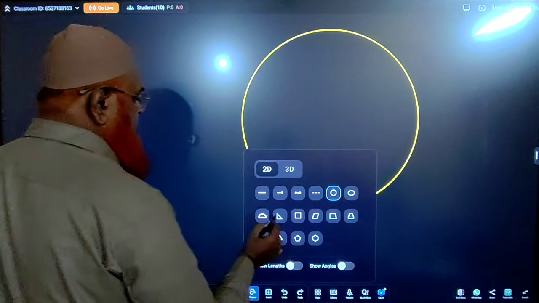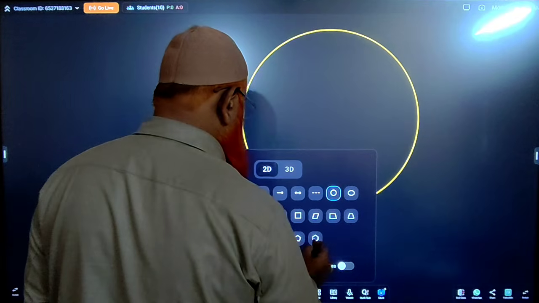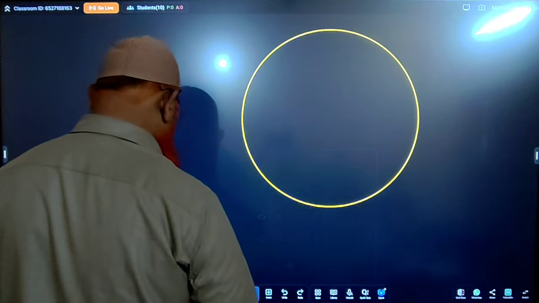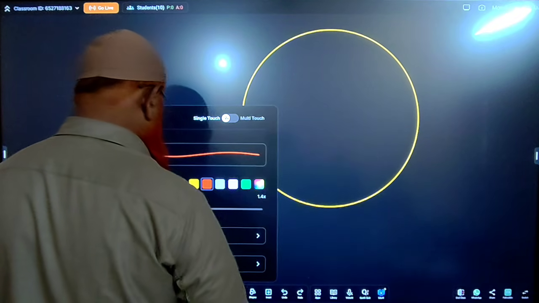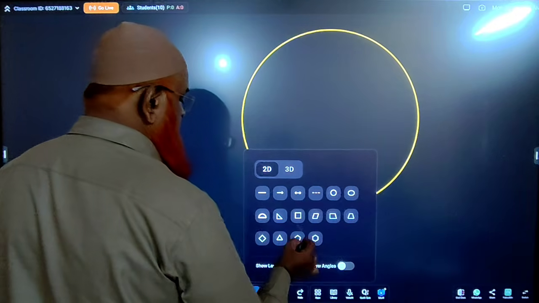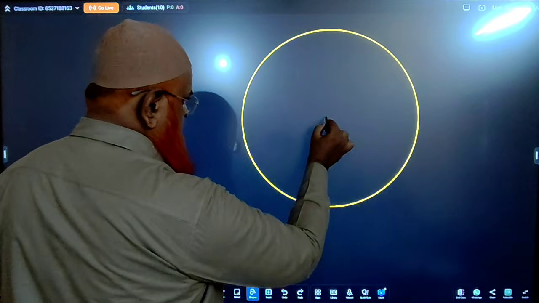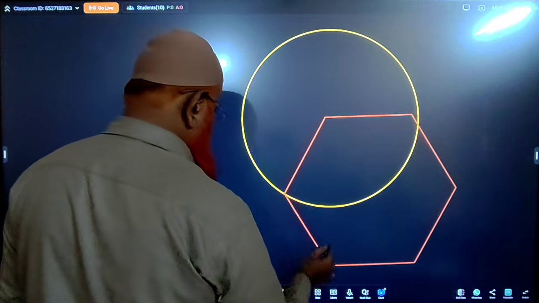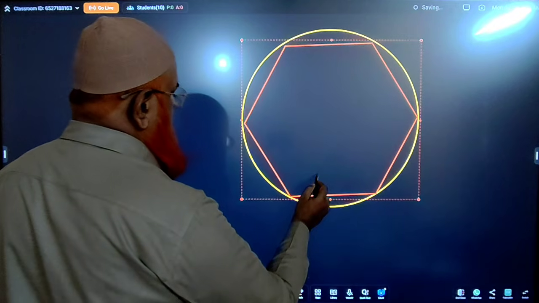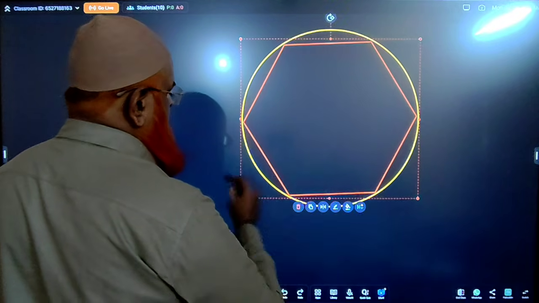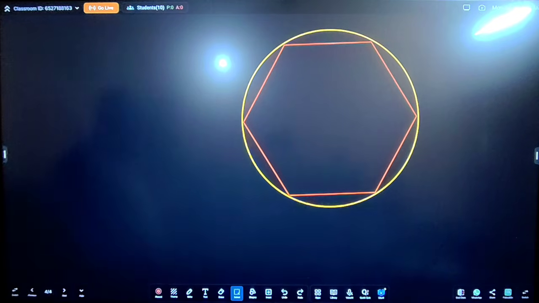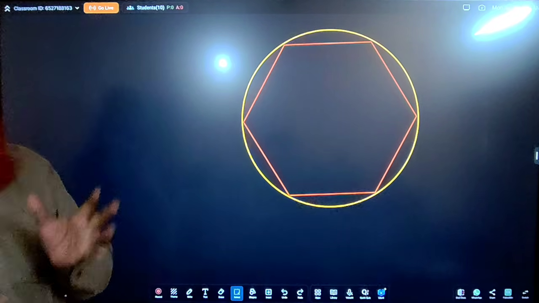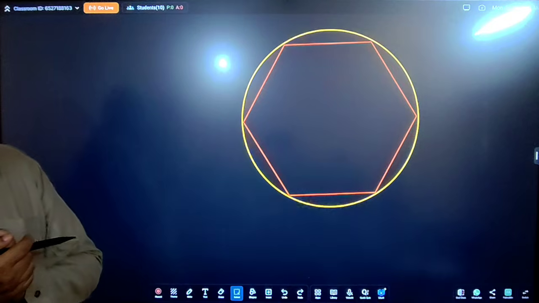What is the fourth case? Let us see. So to understand the fourth case, you have to imagine one hexagon inside the circle.